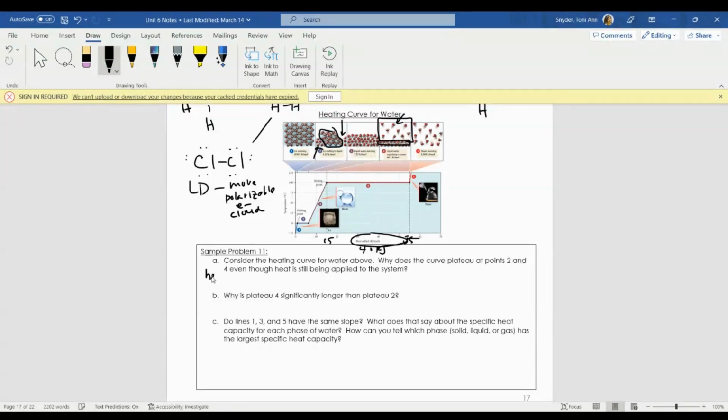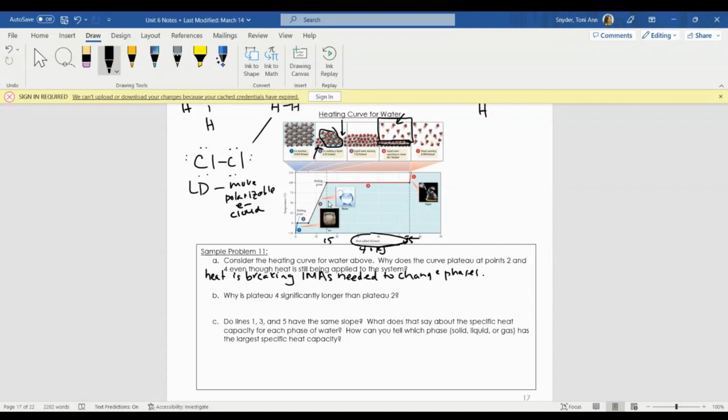So that heat is breaking some intermolecular forces that are needed to change phases. It's not going towards raising the temperature or raising the kinetic energy. We have to break all or some of the intermolecular forces during a phase change.